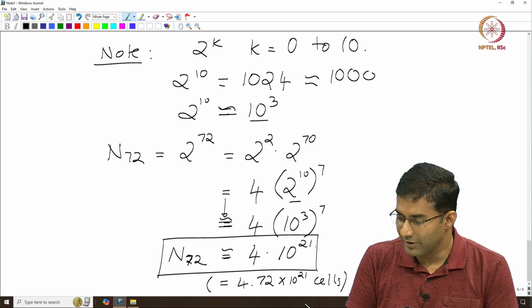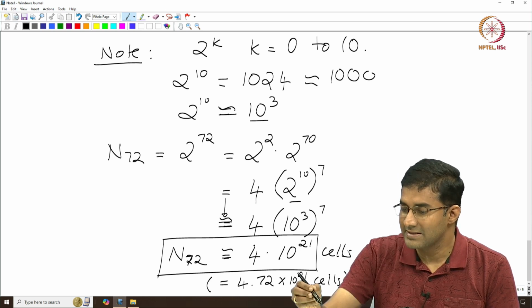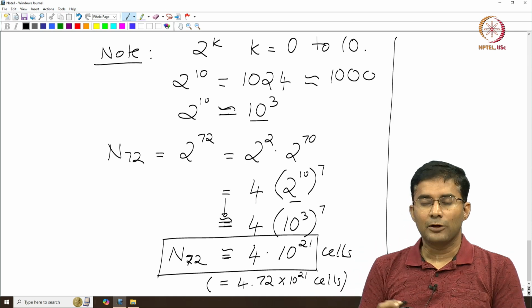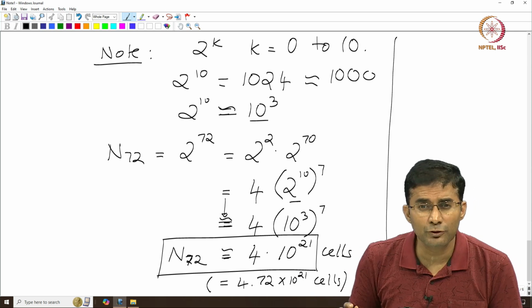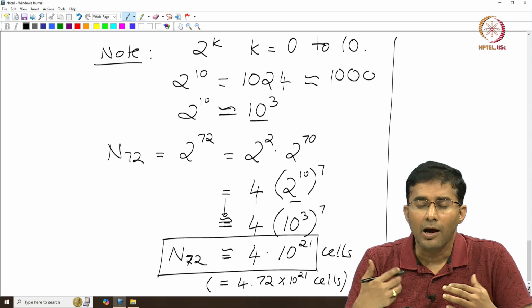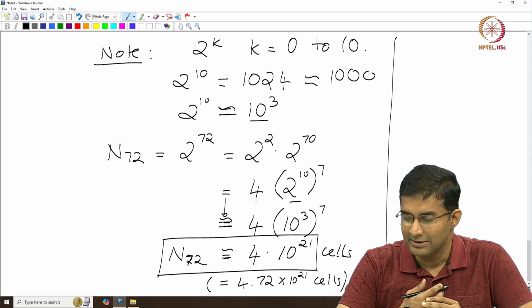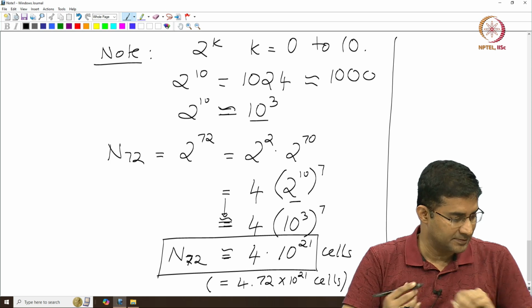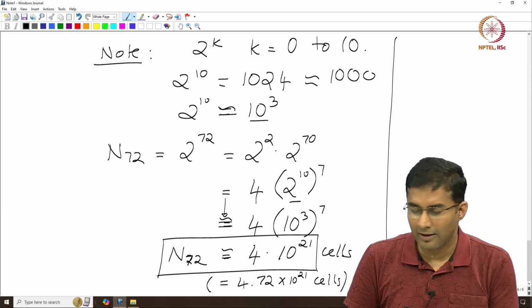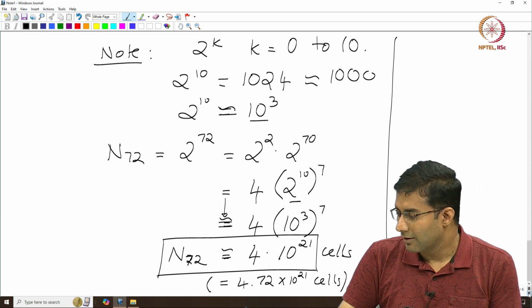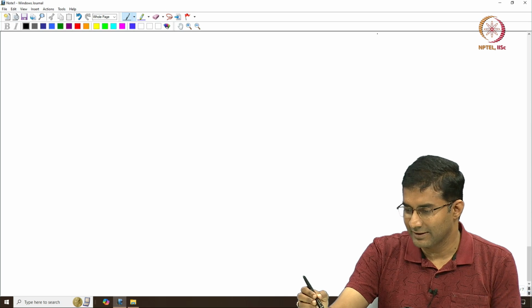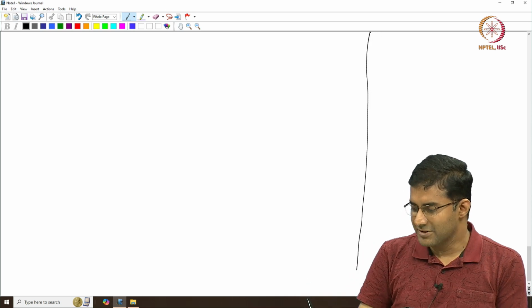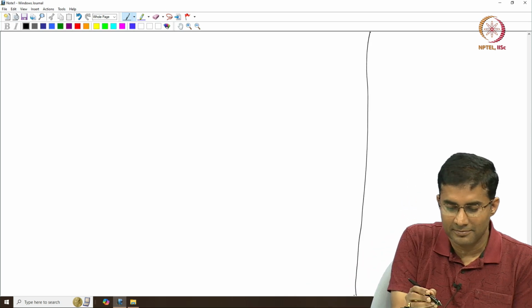We got a pretty decent, close answer, and this is a useful trick to get some sense of the population size when you are dealing with really large numbers. Now let us do one more example relating to this geometric growth, which is a fun example.